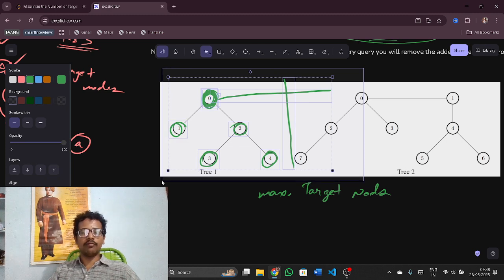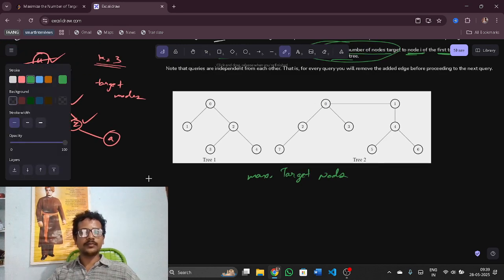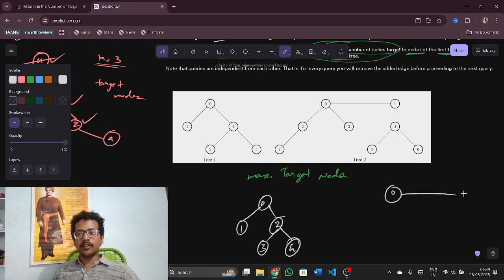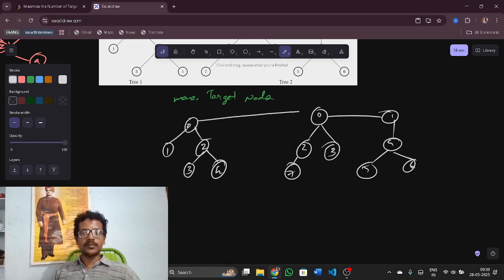Now let us just see that we have tree 1, right? Now what I'll do is just take this tree 1: 0, 1, 2, 3 and then 4. Now, if I connect this with node 0 in tree 2, let us see what will happen. If I connect this to tree 2, then I would get 4, 5, 6 number of tree nodes. Let us check. I am just connecting node 0 with node 0 of tree 2.